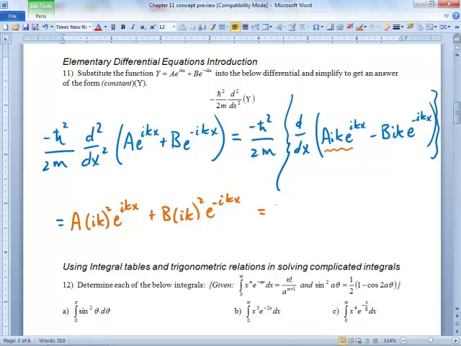So what's the ik squared thing then? It'll be k squared, but times a negative, because i is the square root of -1. So we'll have a negative a k squared. And this one will be, yeah, minus b k squared. There it is.